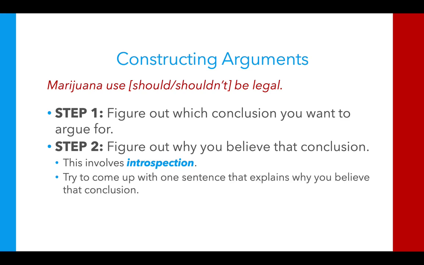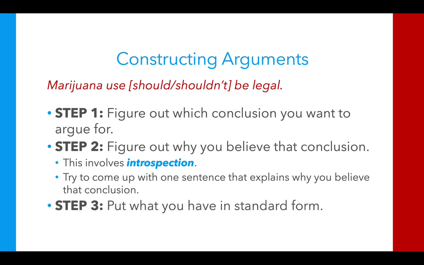What I would encourage you to do is to just try to come up with one sentence that explains why you believe that conclusion. So not a long sentence even, right? Just picking out 1 or 2 features of marijuana use that make you think, yeah, that thing should be legal for this reason or that reason. The next step is to put what you have in standard form.